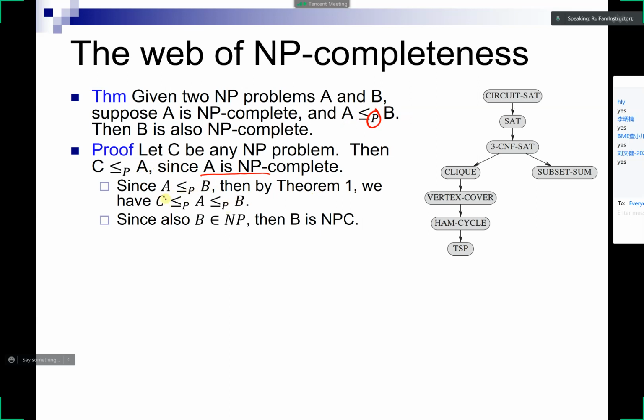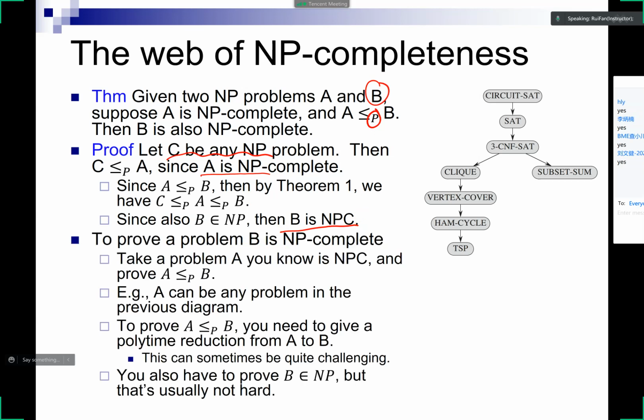Then we can say that C reduces to A, which reduces to B, and so that implies that C polytime reduces to B. And because this holds for any NP problem, this means that any NP problem polytime reduces to B. And furthermore, we assume that B itself is in NP. And so that means that B is now NP complete. So that's the proof of this fact.